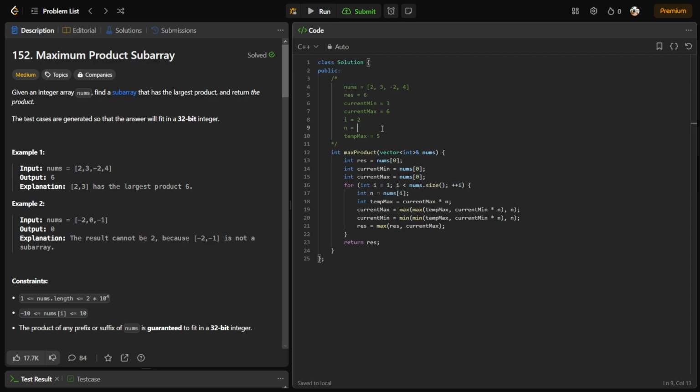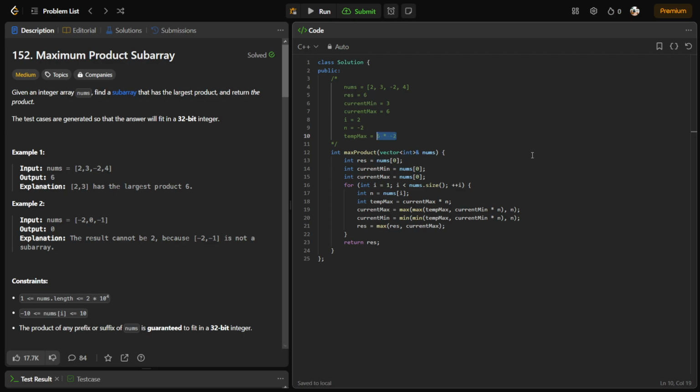Next number is -2. So here, I'm calculating temp max again. Temp max is equal to the current max times n, -2, so this will give us -12.